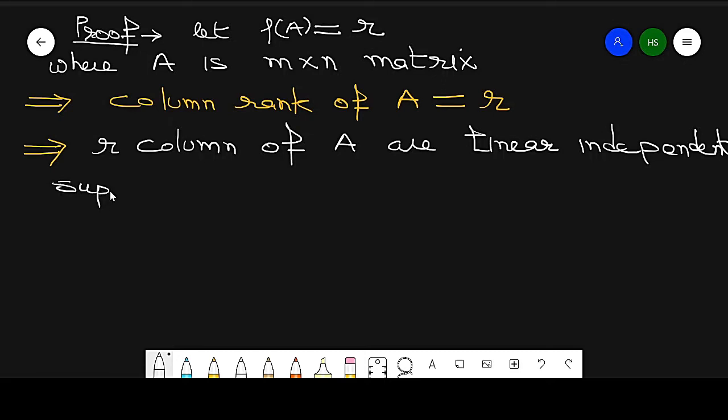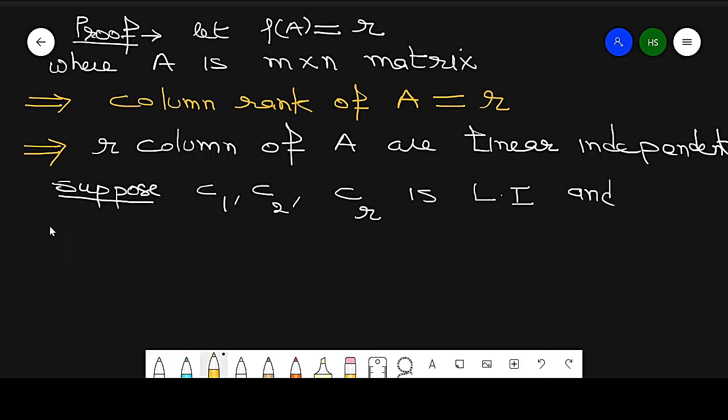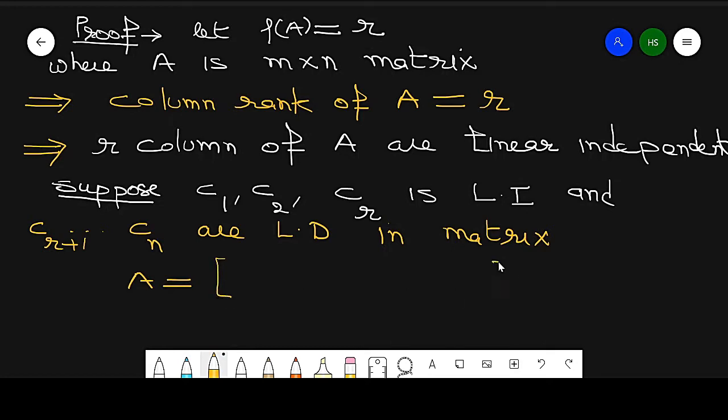Suppose the first r columns, C1, C2 up to Cr, are linearly independent and the others, Cr+1 up to Cn, are linearly dependent in matrix A, which is in this form.